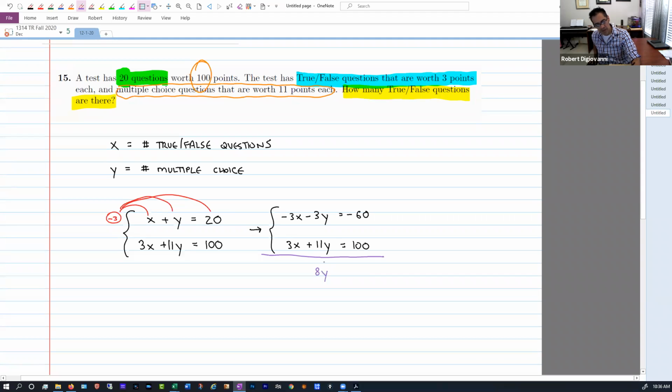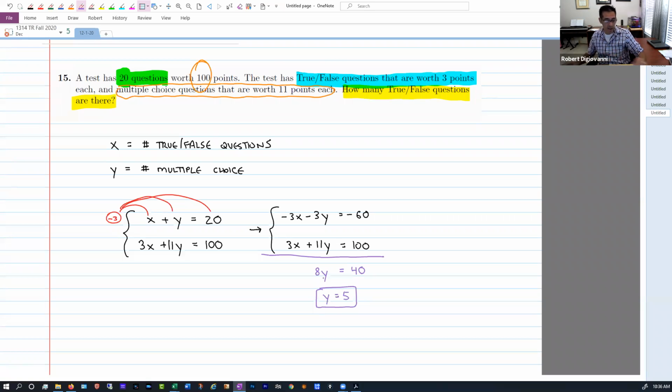Negative 3y plus 11y equals 40. And then divide both sides by 8, and you should get 5. Y is 5. Y is the number of multiple choice. So we know that there's 5 multiple choice questions on the test.